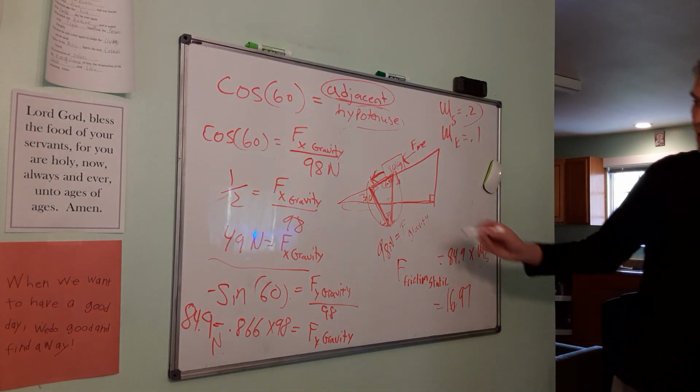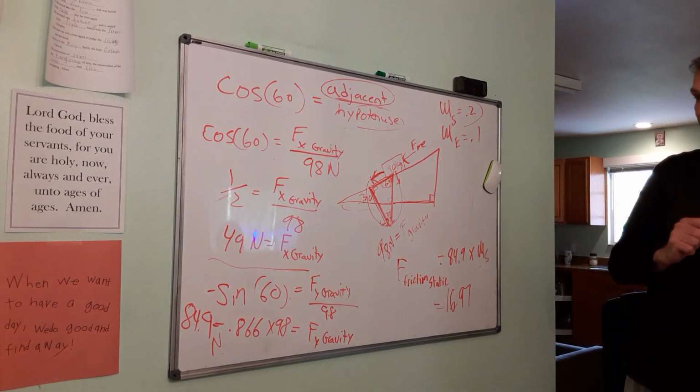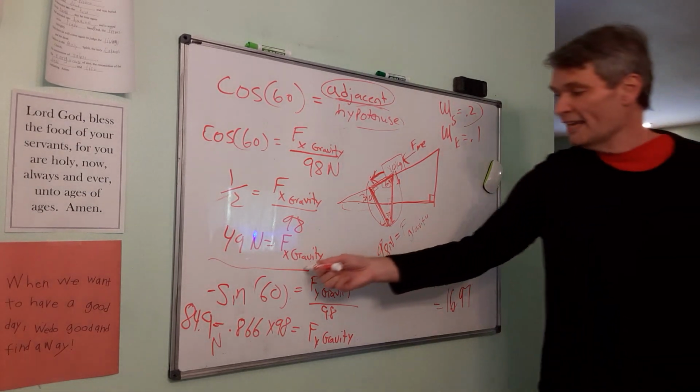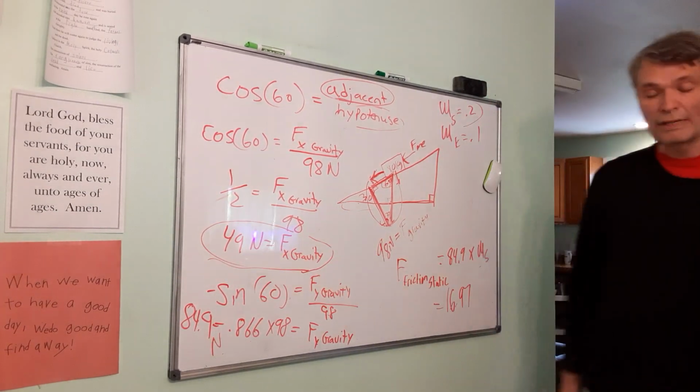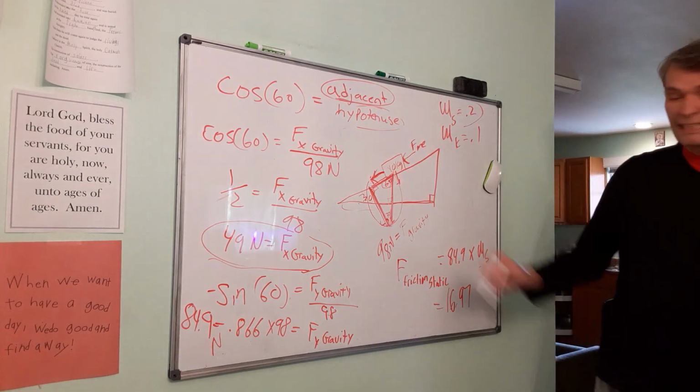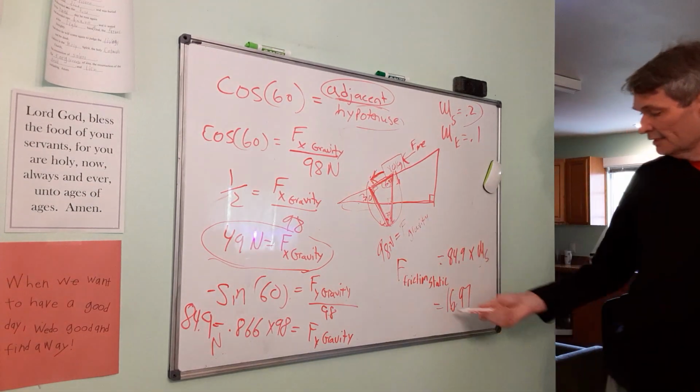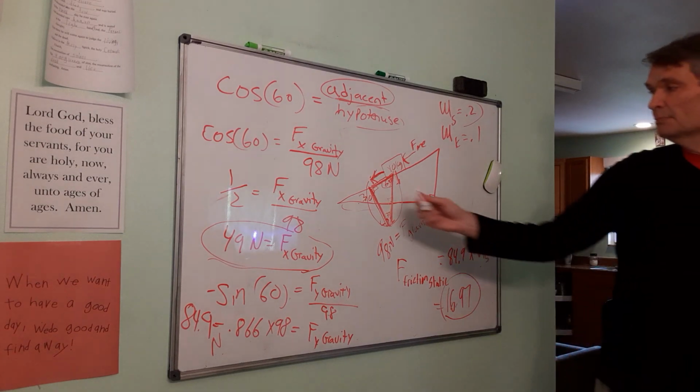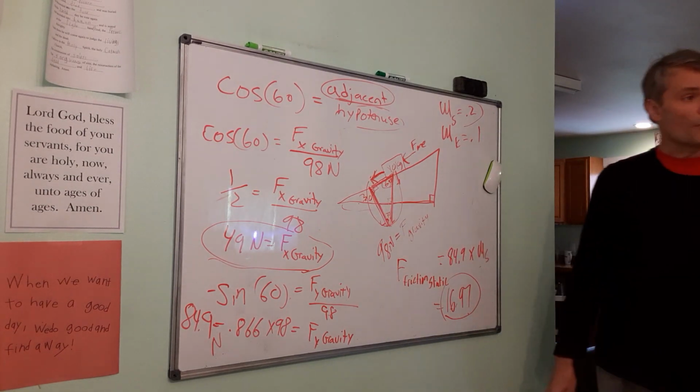All right, so now we know two things here. We know Fx gravity is 49, so gravity is providing 49 newtons of force in this direction. Friction is pushing back with 16.97.